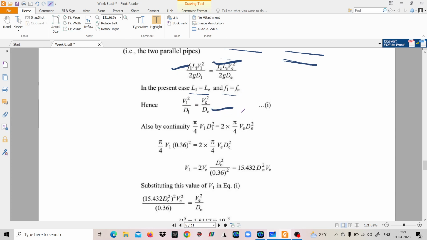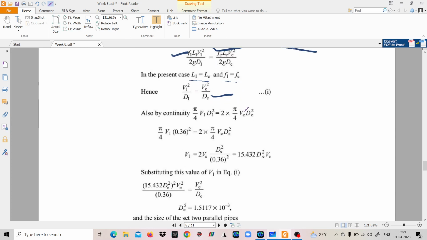Also, from the continuity equation, there is a main line, and the total discharge for the actual 36 centimeter diameter main pipeline is now getting divided into two pipes. Whatever discharge was there for this pipe, that is A1 V1, so pi D1 square by 4 into V1, is basically distributed into two pipelines.